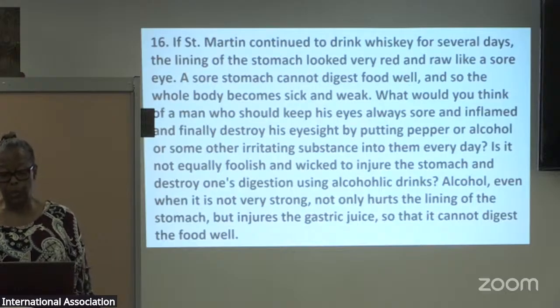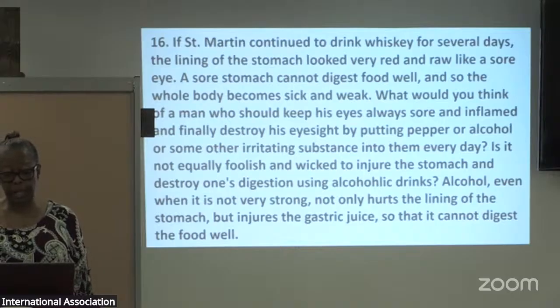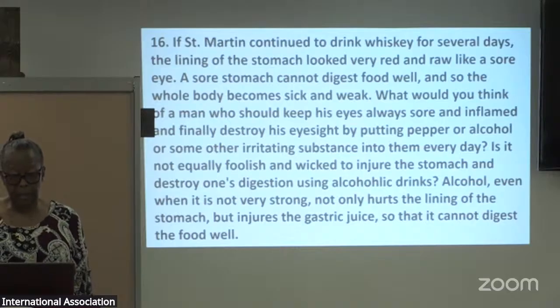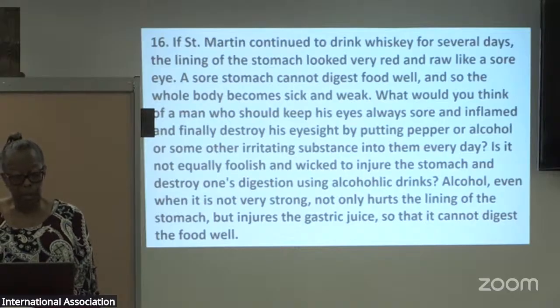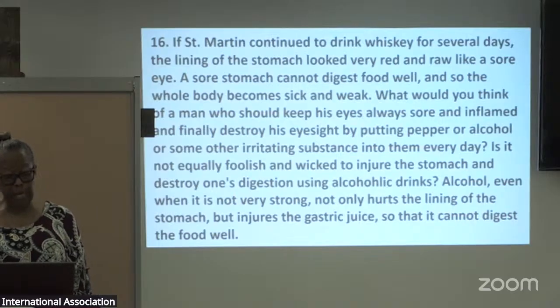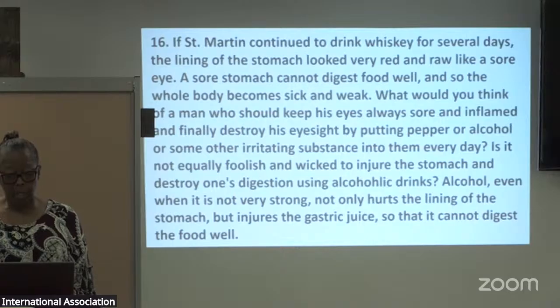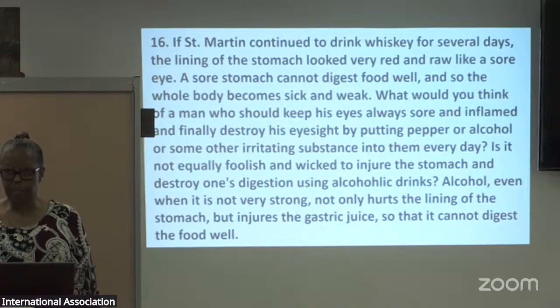What would you think of a man who should keep his eyes always sore and inflamed and try to restore his eyesight by putting pepper or alcohol or some other irritating substance in them every day? Is it not equally foolish and wicked to injure the stomach and destroy one's digestion by using alcoholic drinks?